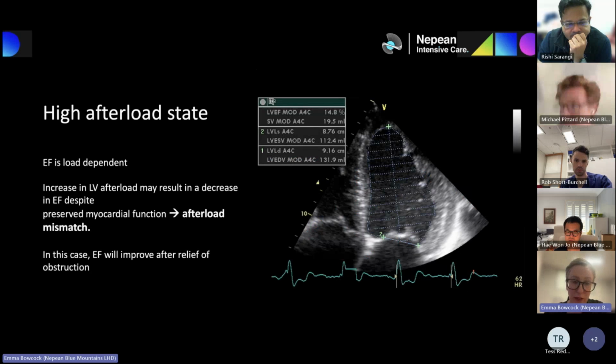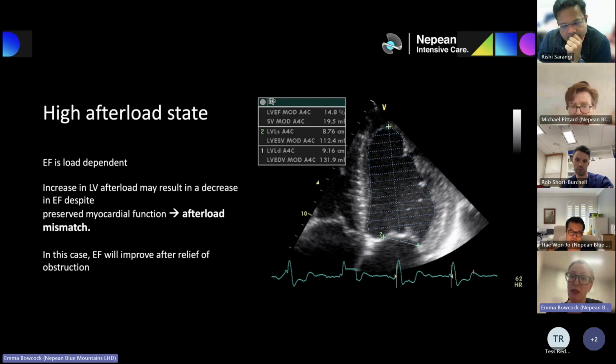So of course they have this high afterload state, and ejection fraction is very load dependent. So you might have this patient that has this really high LV afterload, and so because of that, their EF is down, but they have a normal myocardium. So their myocardial function is actually okay, but because their afterload is really high, their EF is reduced because of that. And that's known as afterload mismatch.